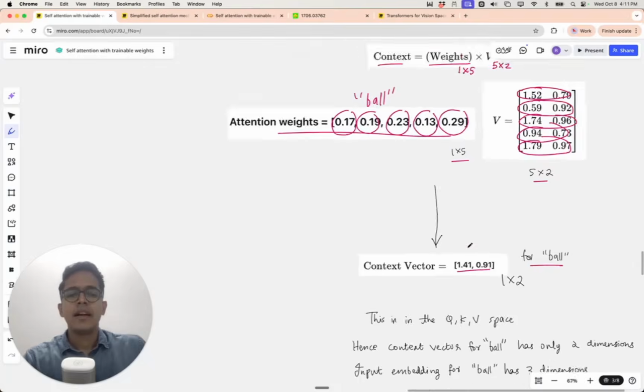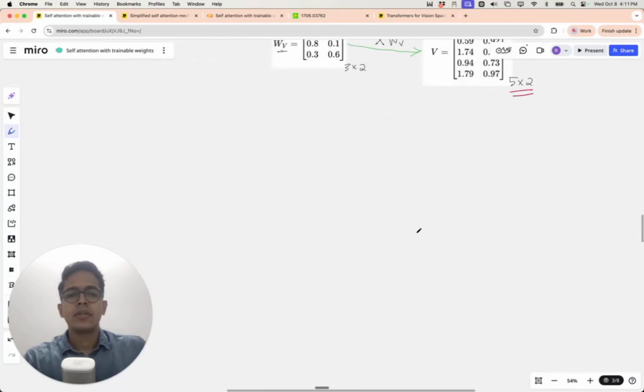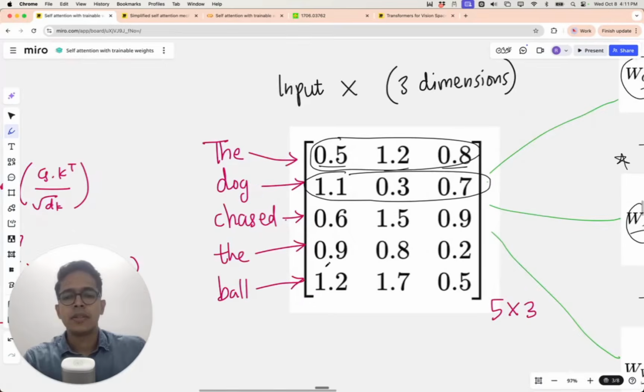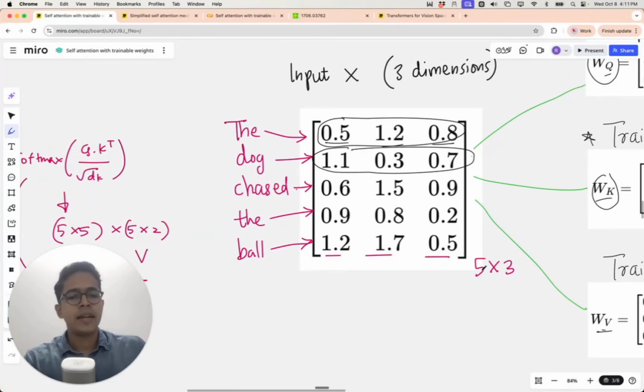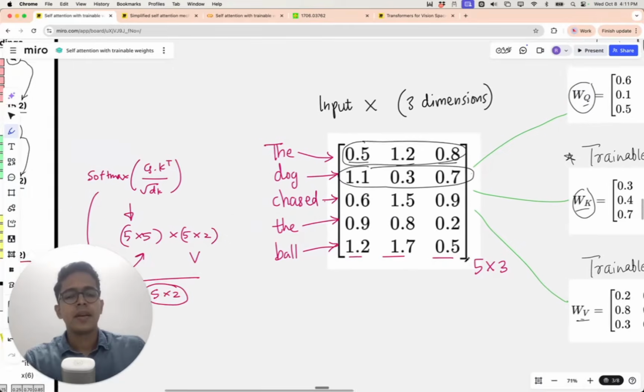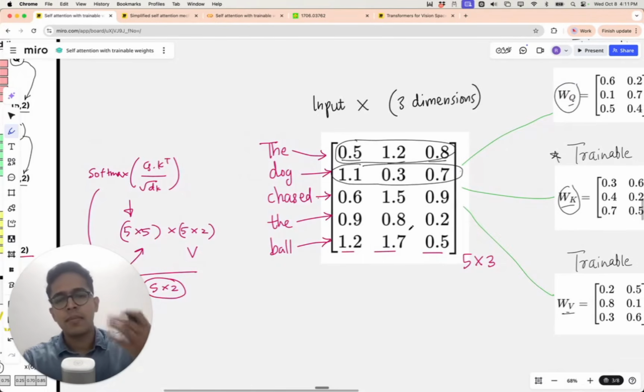The initial vector of ball was this: the input embedding of ball was 1.2, 1.7, 0.5. So it was a three-dimensional vector, and it had some information present in it, but it had no context, because this was purely the semantic meaning associated with ball. It did not carry the fact that dog, chased, and those other words are also present in the sequence. That information was not present in the input sequence.